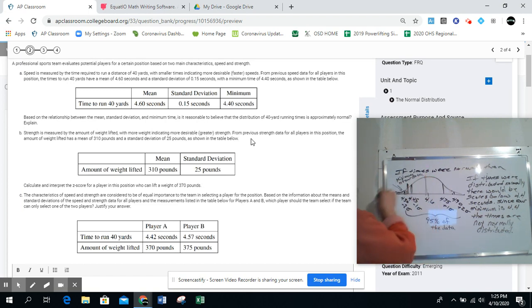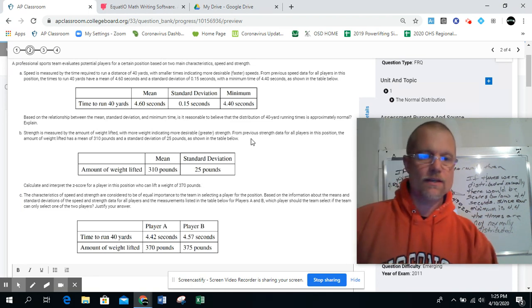Remember, 68 was 34 and 34, and then 95% of the data was between here and here, so half of 95 is 47.5. So 2.5% of the scores should be down there. So we can't say that they're normal.